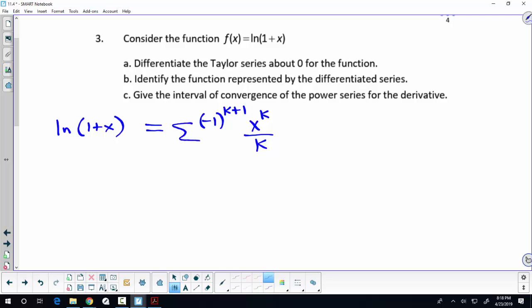If we remember that, we can just use it. Unless I specifically say find the Taylor series for this, if you know this, then just write it down and build off of that.